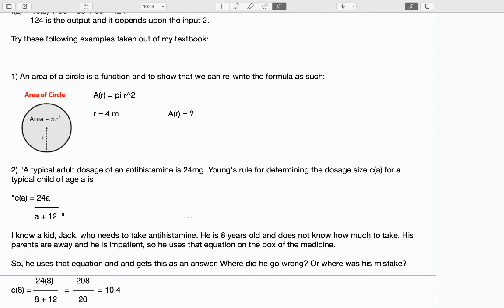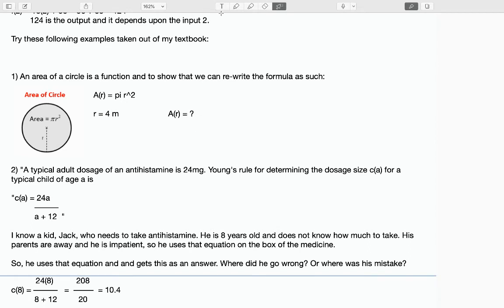Area equals pi. I can't do this pi symbol on my computer keyboard, so I just wrote pi times r squared. So you see that the function is dependent on r, and the radius, which is r, is 4 meters.